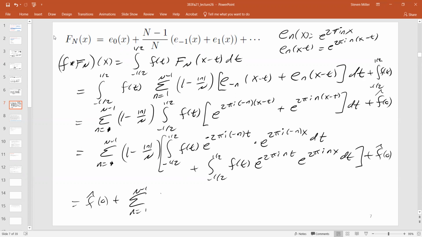So it's the Fourier coefficient, not at n, almost, at negative n, times e to the negative n of x, plus the Fourier coefficient at n times e to the n of x.